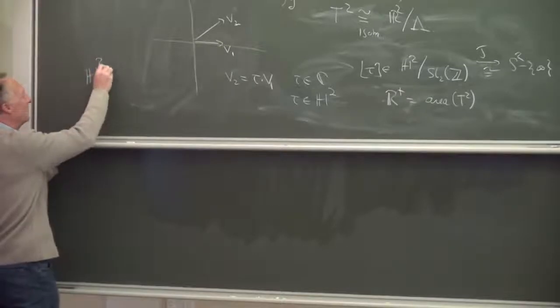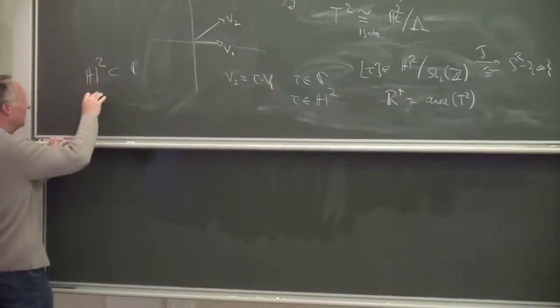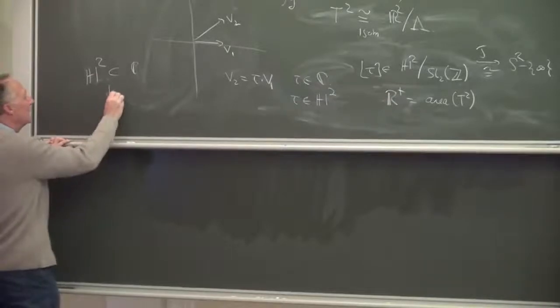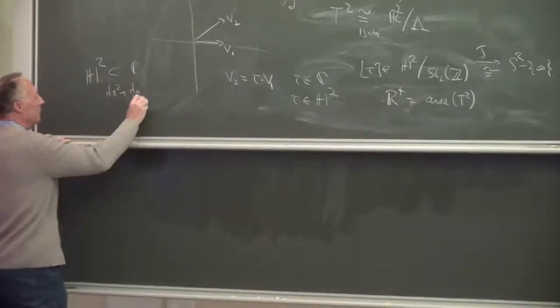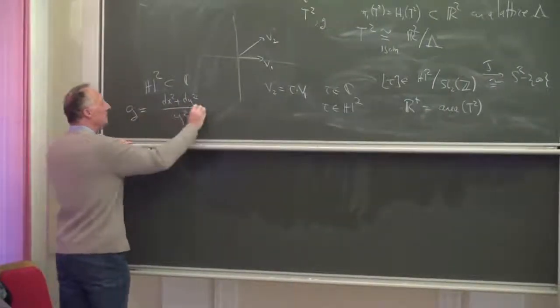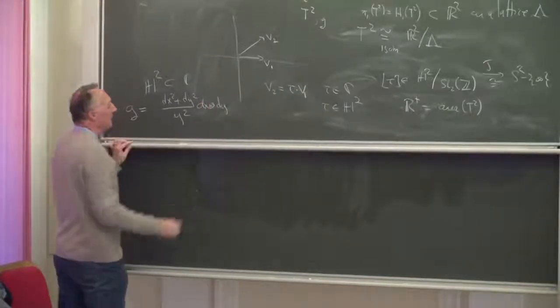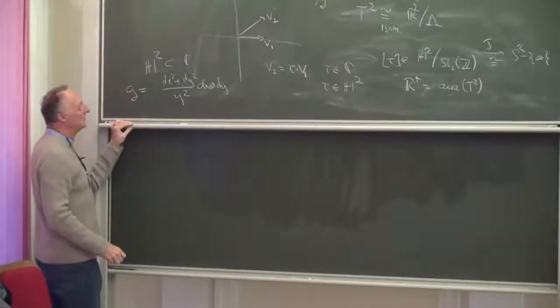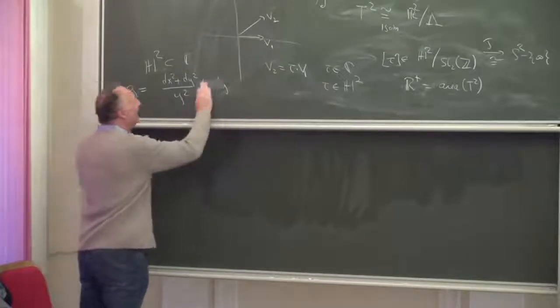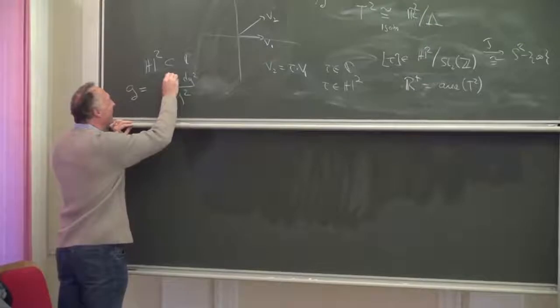So we take the upper half plane inside C, imaginary part greater than 0, and we take the metric in terms of the standard Euclidean coordinates given by this. Okay. That turns out to be, sorry, there's a tensor here, right? Thank you.